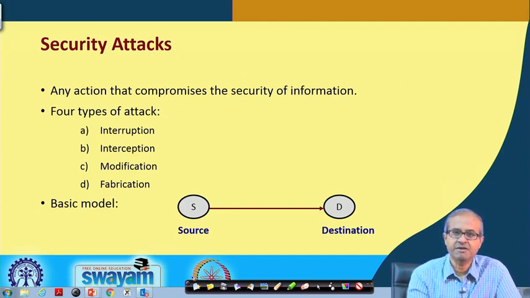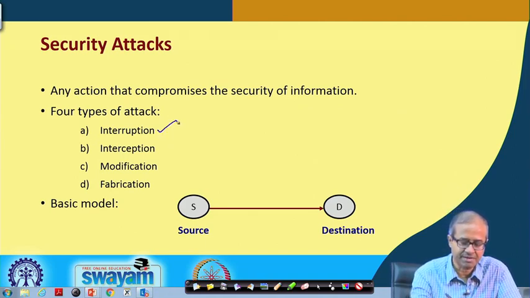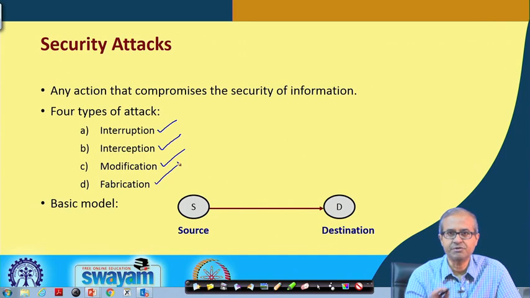Broadly speaking, you can identify 4 kinds of attacks: interruption, interception, modification and fabrication. So, let us try to understand these 4 things one by one.